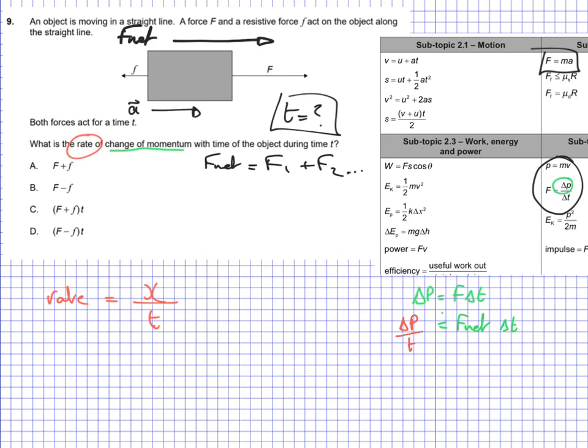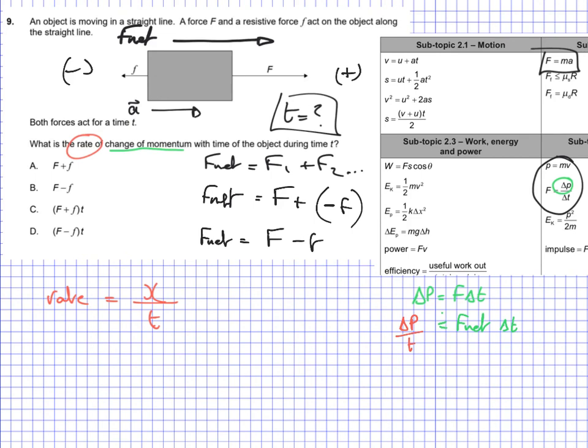So let's look at our F net expression here. Let's treat this way as positive and this way as negative, as convention. F net is capital F plus a negative F, in other words, F net is F minus F. Let's put that in.